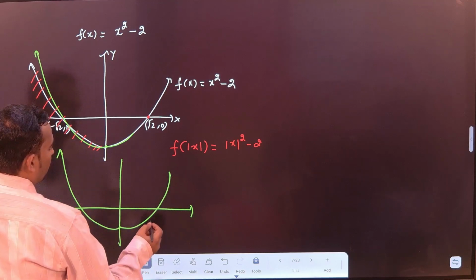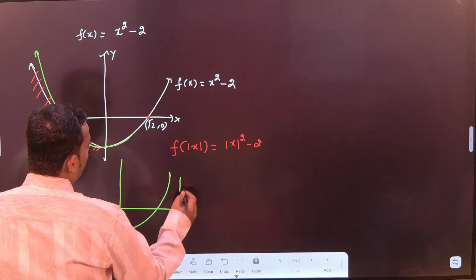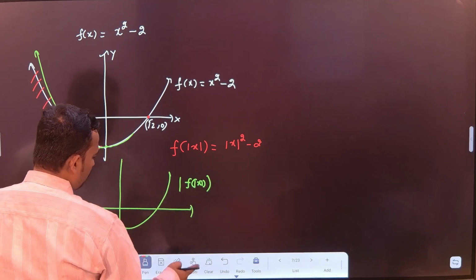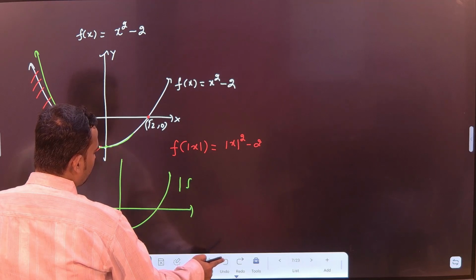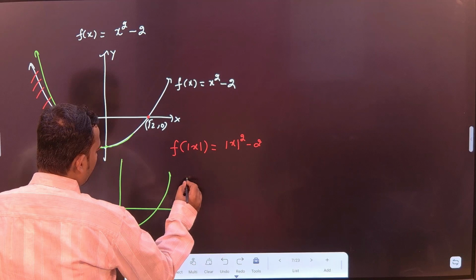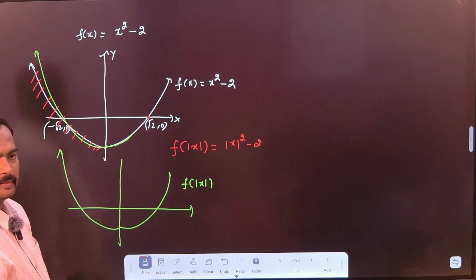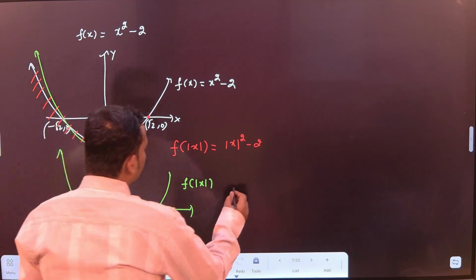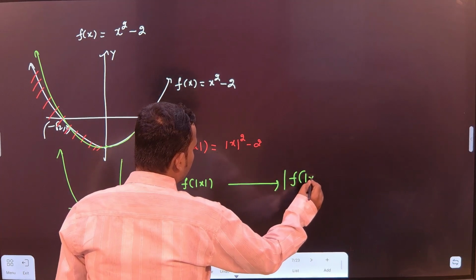So this is the graph of f of mod x. Then how to draw the graph of modulus of f of mod x? This graph changes to modulus of f of mod x.